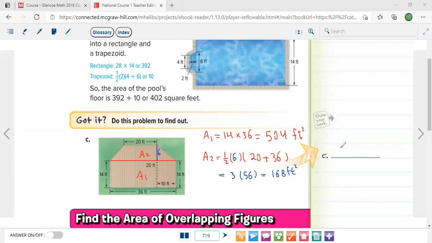Now the whole area is like 504 plus 168, and 504 plus 168 will give you 672 feet squared.